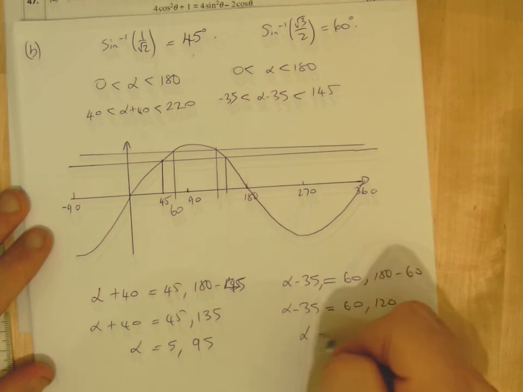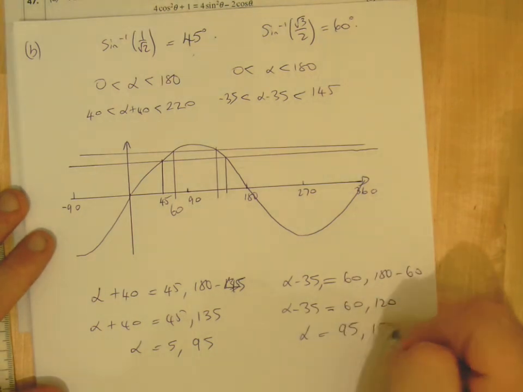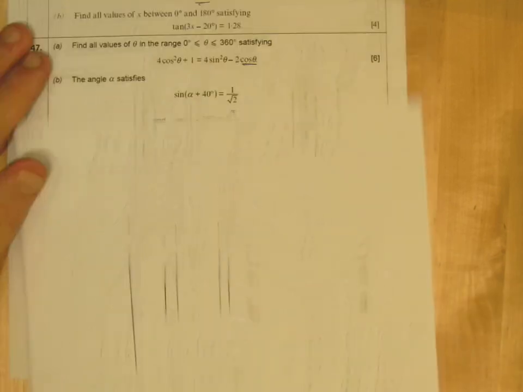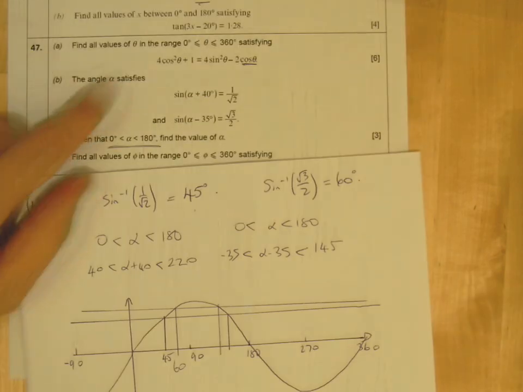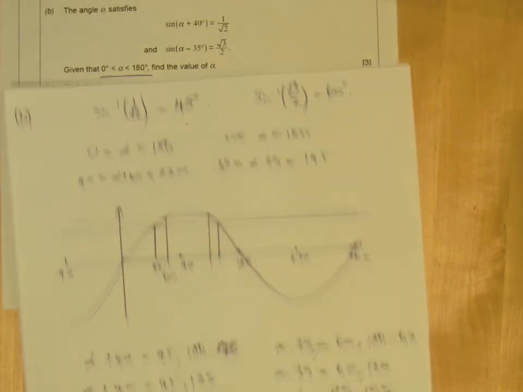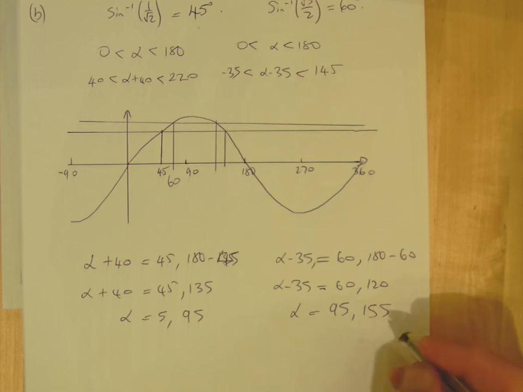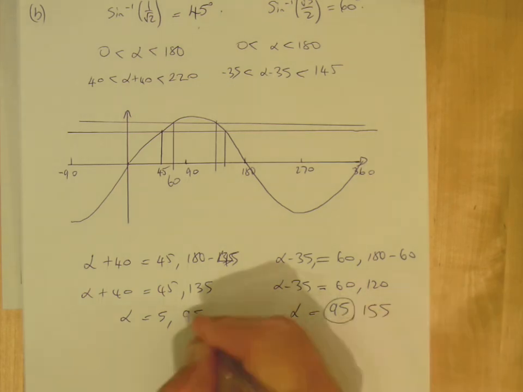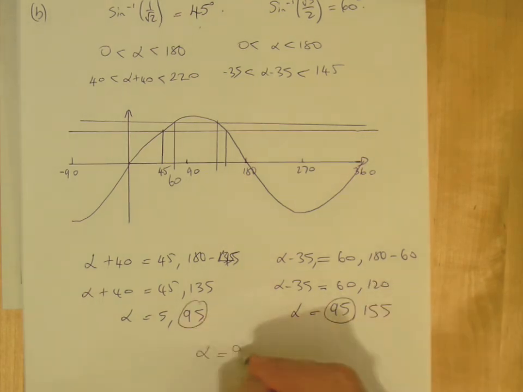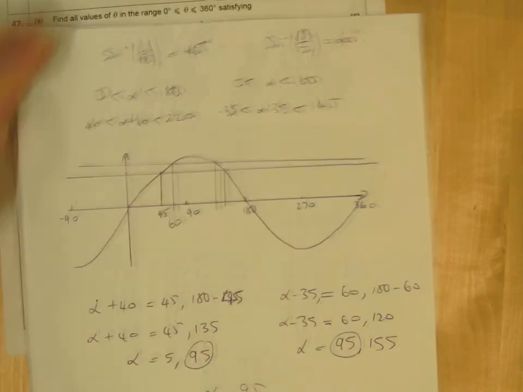So then alpha will equal, take the minus 35 over, becomes an add, so you get 95 and 155. Now, it's got to satisfy both of these conditions. I've looked at the solutions that you get in that range between 0 and 180. And you could see then, look, actually, the 95 will satisfy both conditions. And it's job done.